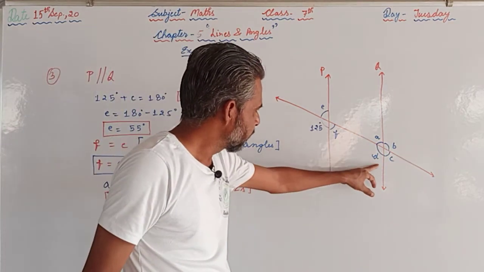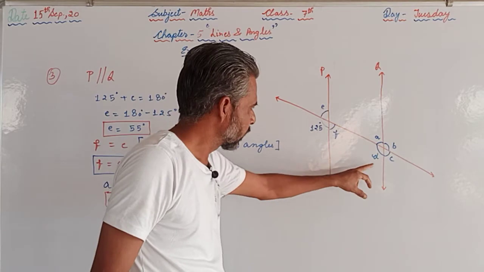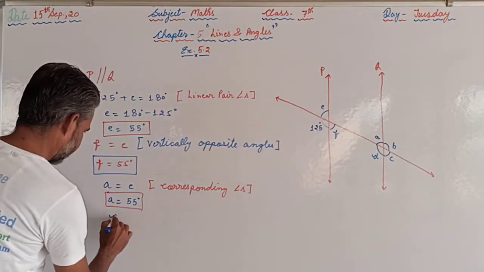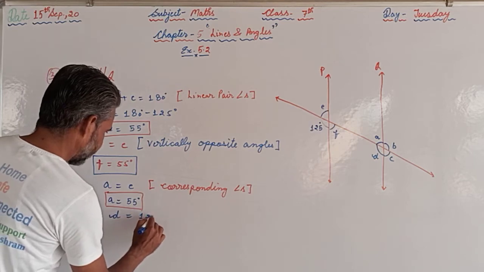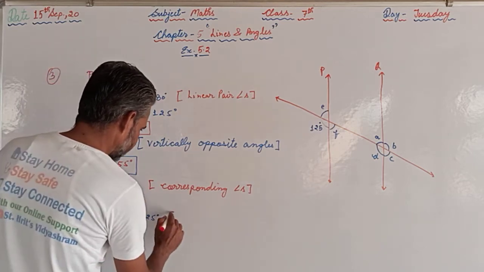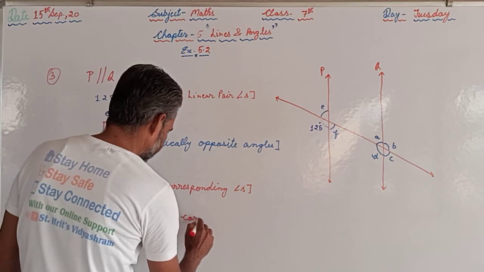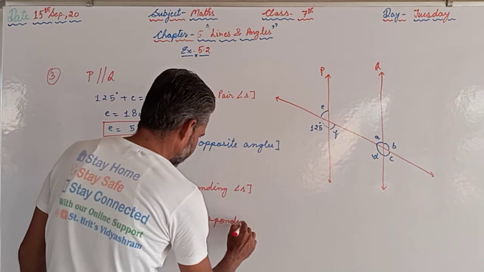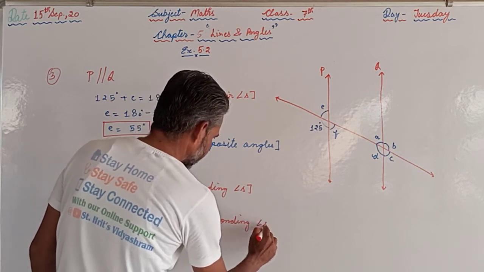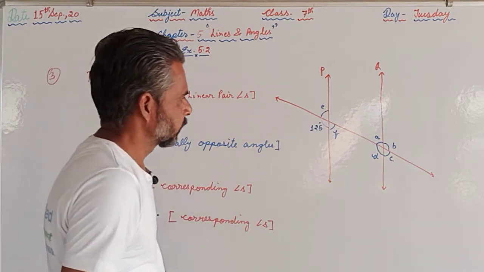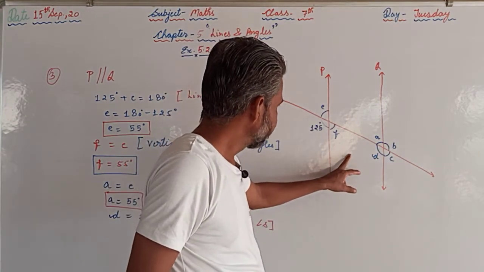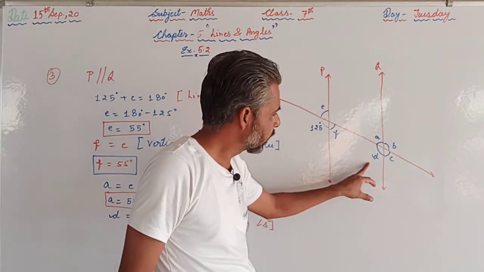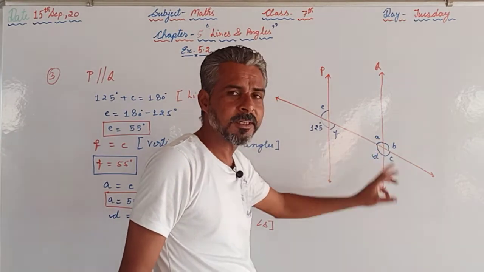Now D will be equal to 125 degrees, corresponding angles. Now afterwards A will be equal to D, vertically opposite angles, C will be equal to A, vertically opposite angles.